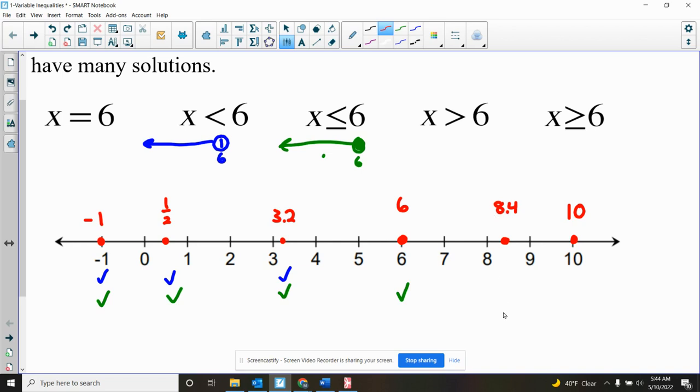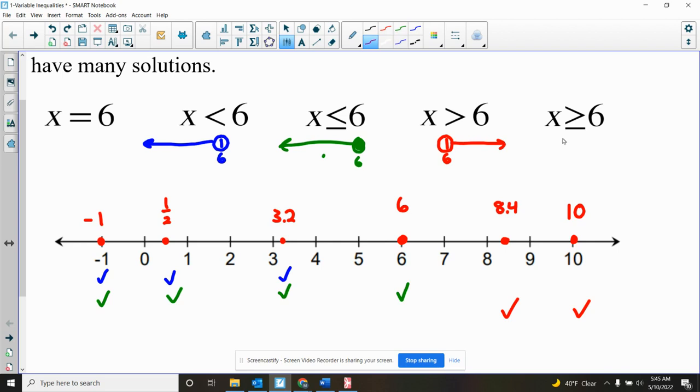How about 8.4? Yep, 8.4 is bigger than 6, and so is 10. Actually, even though we skipped a bunch of these other numbers, they're all bigger than 6. So once again, 6 is the dividing line. 6 is not included this time, but all the numbers to the right of 6 are included. So lots and lots of solutions, and they're all to the right of where that 6 is.